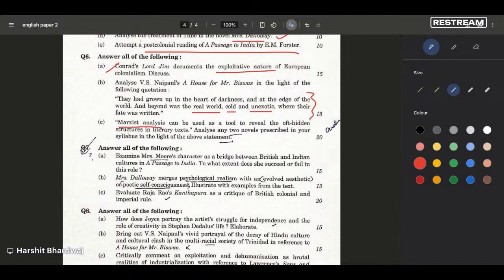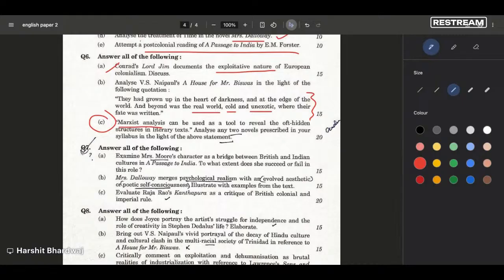Marxist analysis. Now, this is a very rare question, even though post-colonialism, psychoanalysis, Marxism, and feminism are four literary theoretical ideas that are part of your syllabus. But psychoanalysis and Marxism, they very rarely ask.